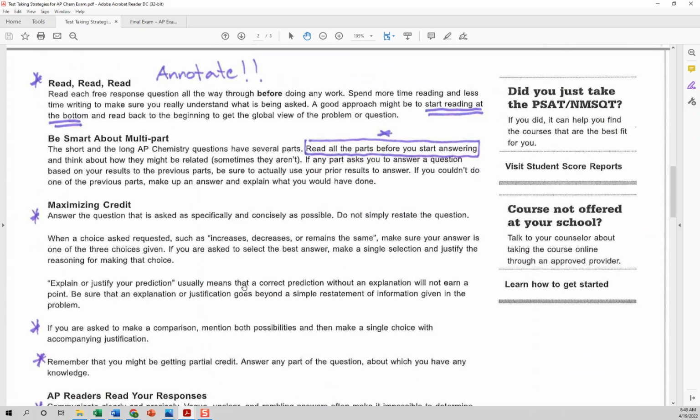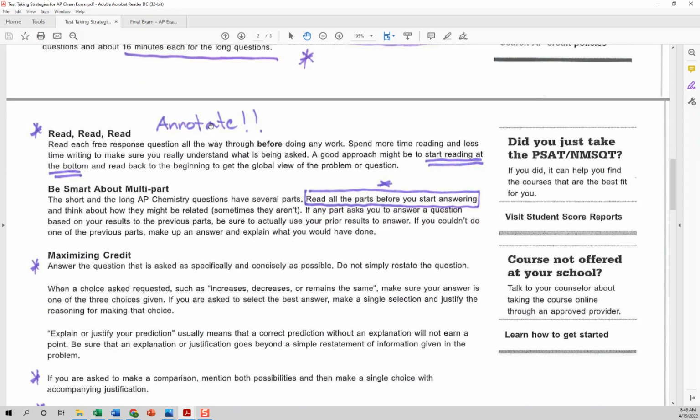here. But the main thing is, write on your test, annotate it, especially the free response. As soon as you realize something, they somehow tell you that a reaction is exothermic or endothermic, by telling you that the bonds of the reactants are stronger, or maybe they tell you that the reaction vessel got hotter, or delta H is positive, highlight that and say exo, or highlight that and say endo, because especially the way the test is structured now, right?